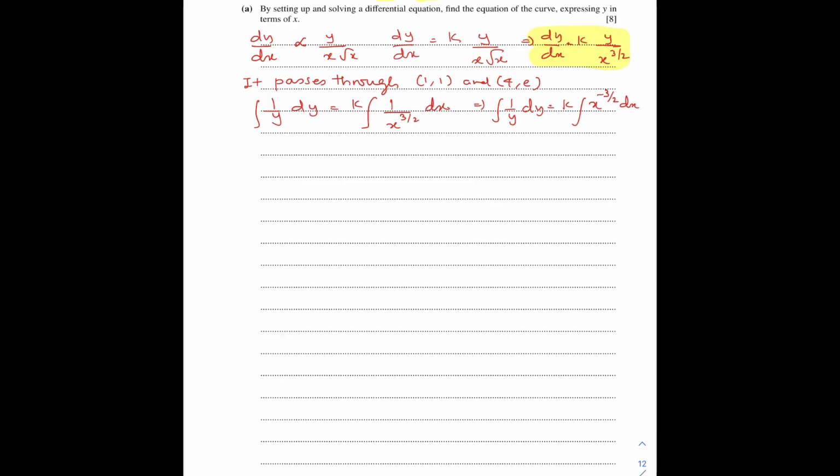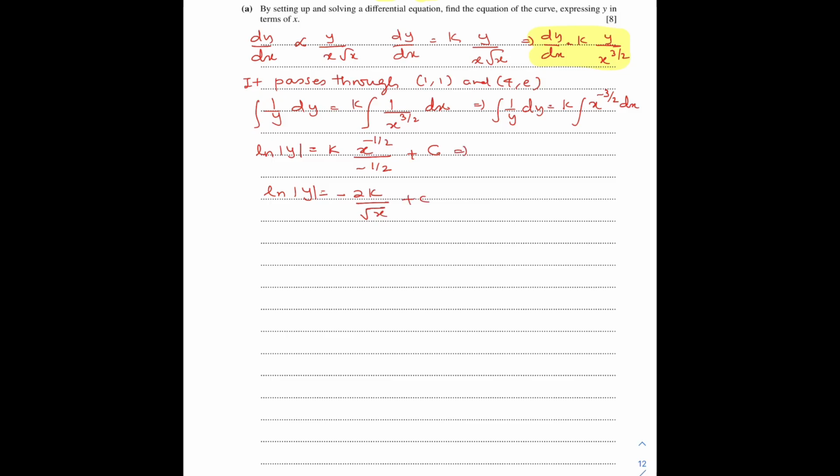So the integral of 1 over y dy equals k times the integral of x to the power negative 3 over 2 dx. Now the integral of 1 over y is ln y, equals k times the integral of x to the power negative 3 over 2. So x to the power negative 3 over 2 plus 1 makes x to the power negative half, over negative half, plus c.